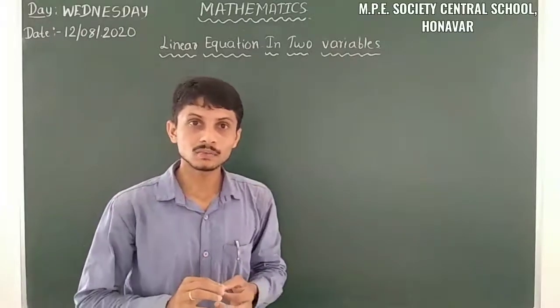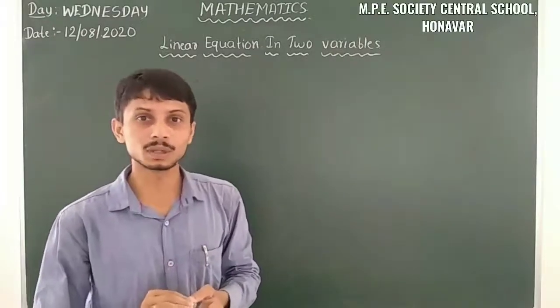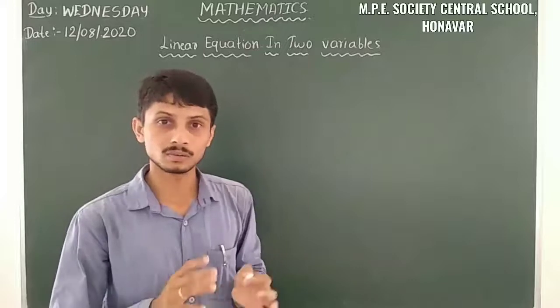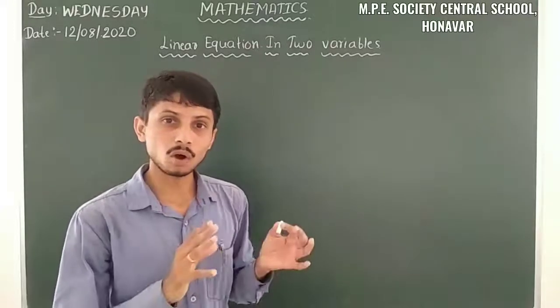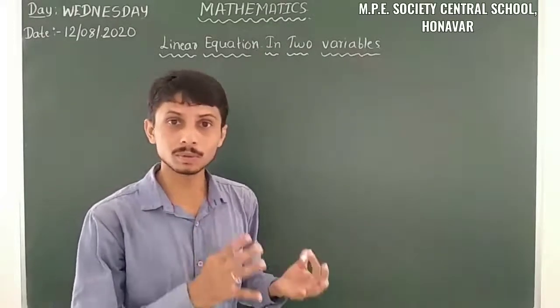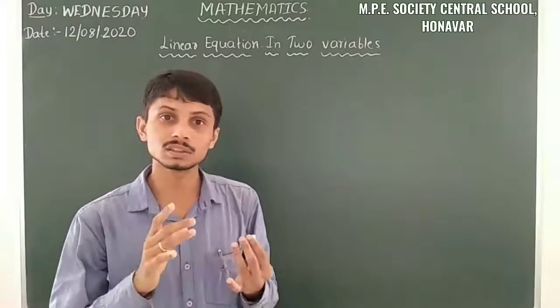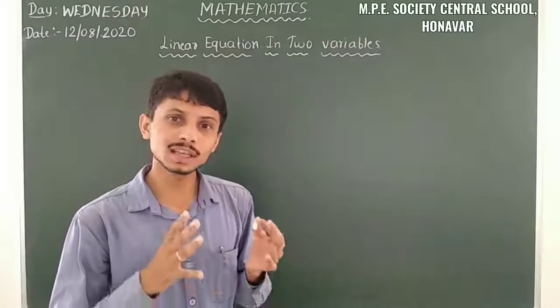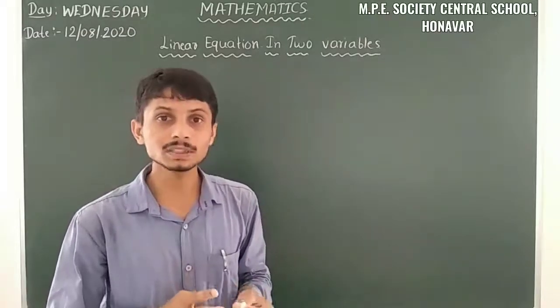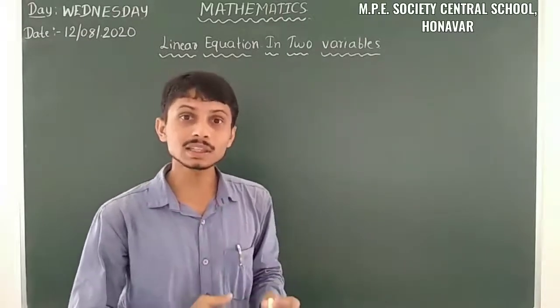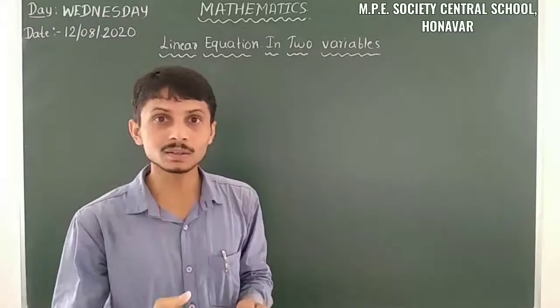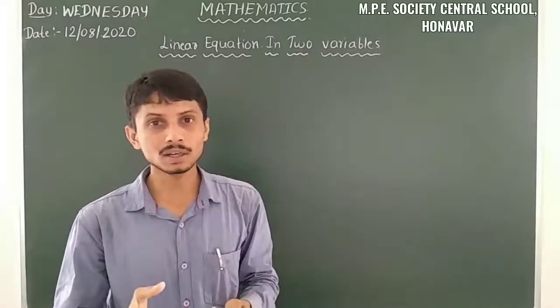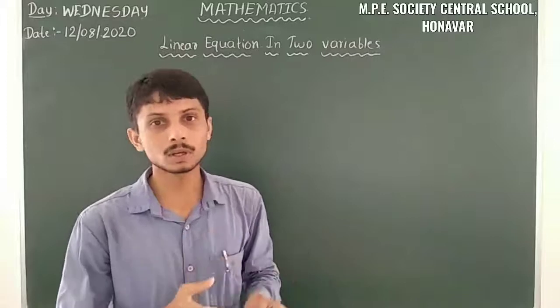So what is the definition of a linear equation in two variables? How can we take it in a form? Whether it is a linear, quadratic or cubic equation, each has its own standard form. When the equation can be expressed in that standard form, we call it that type of polynomial.